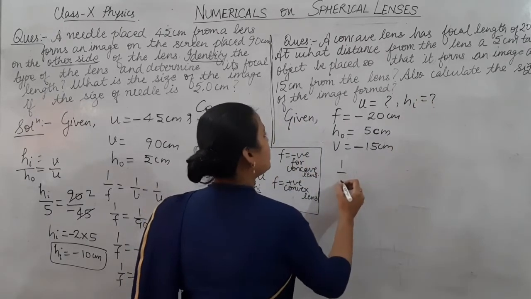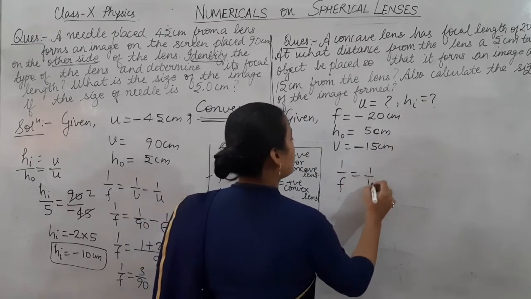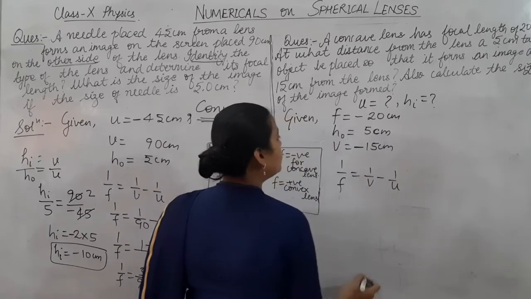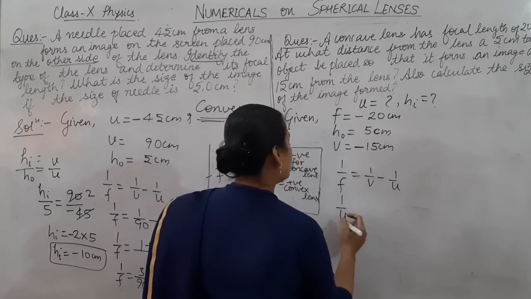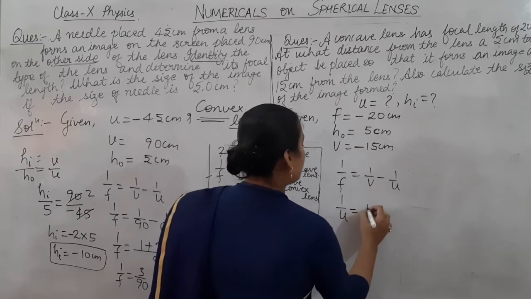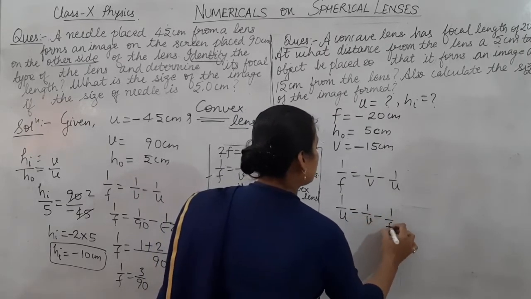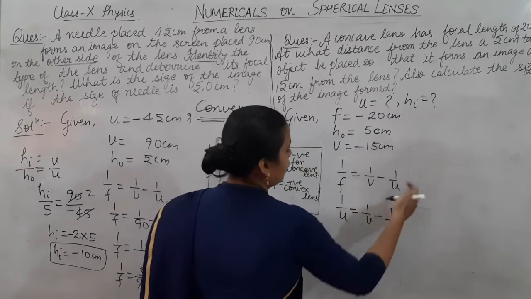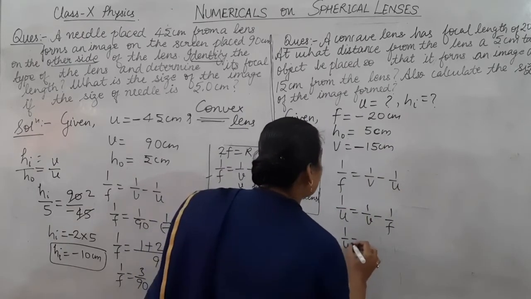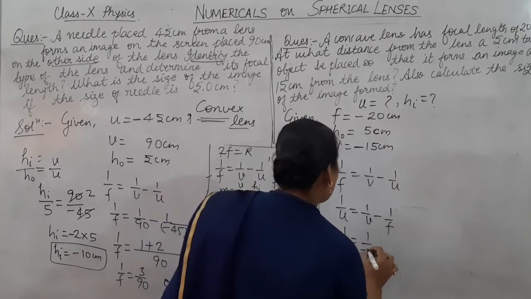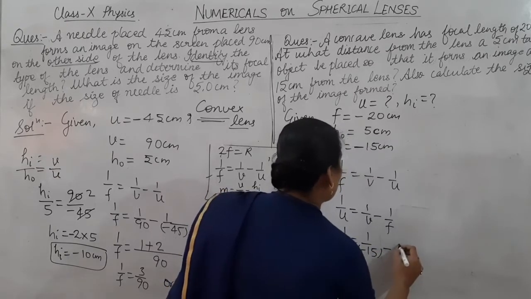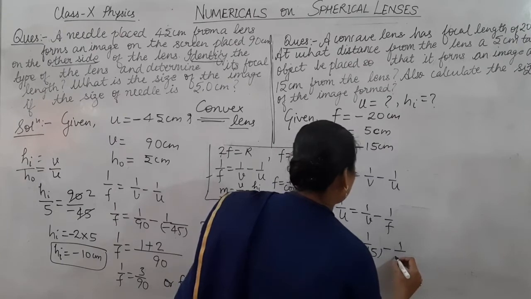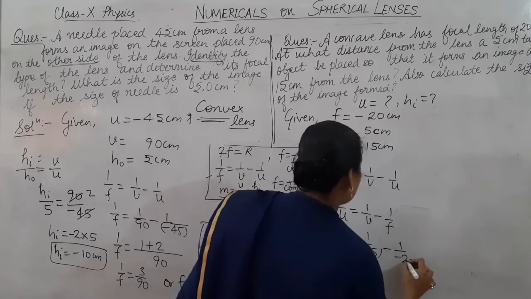So start writing: 1 upon f is equal to 1 upon v minus 1 upon u. Take this minus 1 upon u on the left side, and 1 upon v minus 1 upon f on the right side. 1 upon u is equal to minus 1 upon 15 minus 1 upon minus 20.